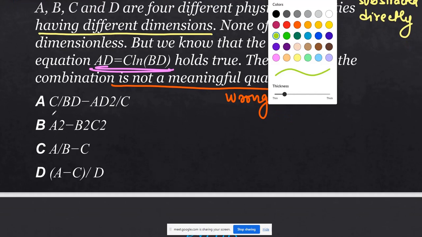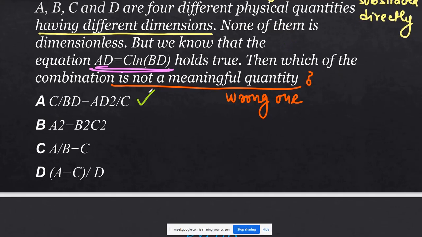See the option A, C by BD minus AD square by C. Do you think A, B, C, D are directly subtracted here, Sahiti? Or first they are doing C by BD, then AD square by C, and then later they are subtracting? They are not directly subtracted, right? So this may be possible.